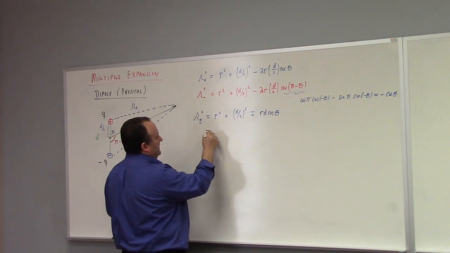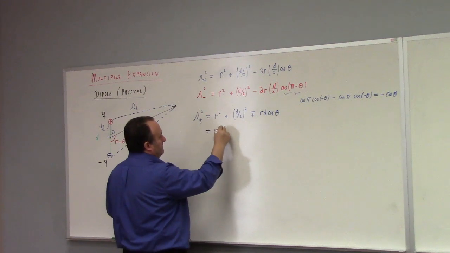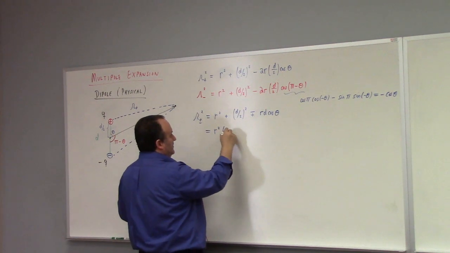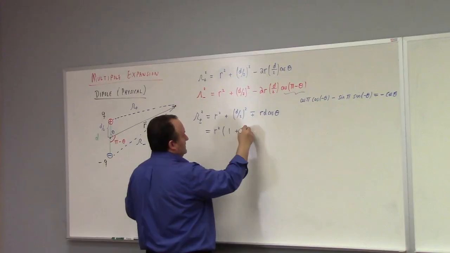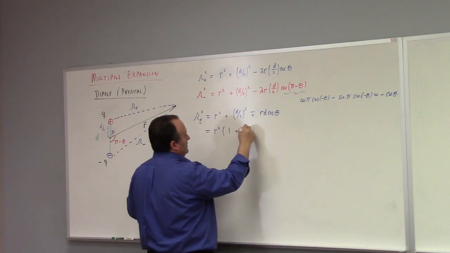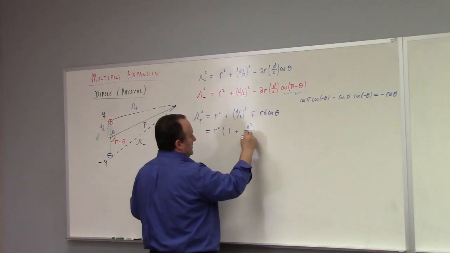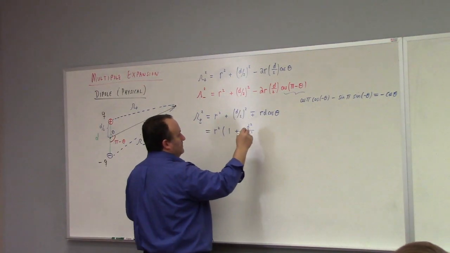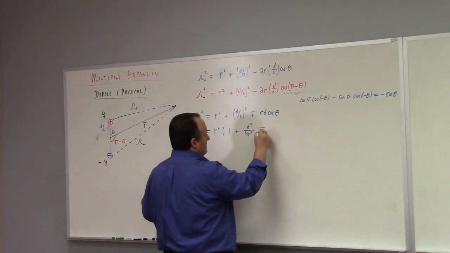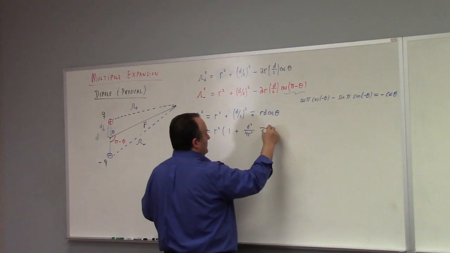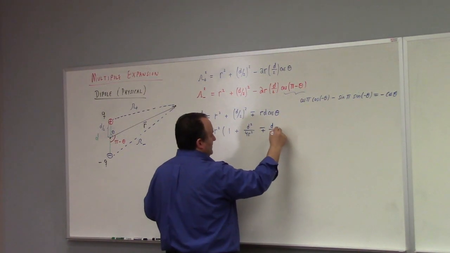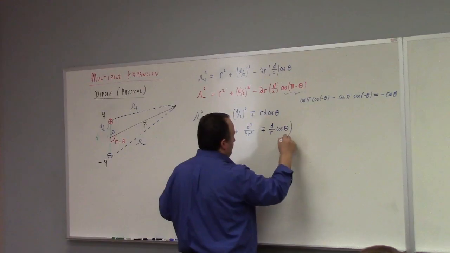So factor out an r squared here. And we've got 1 plus d squared over 4r squared, minus plus d over r cosine theta. You see that?